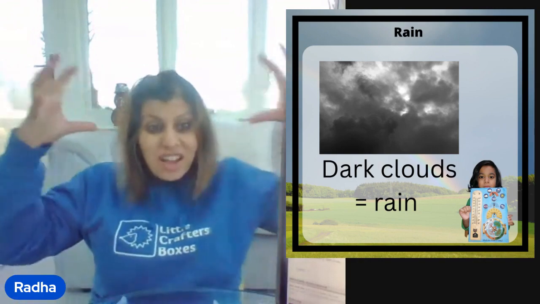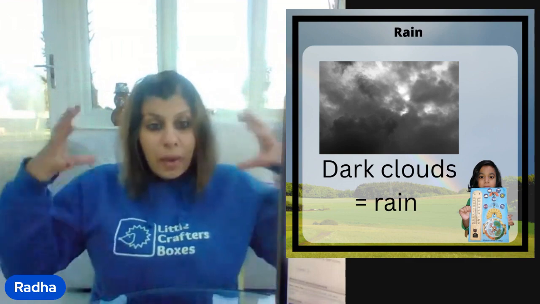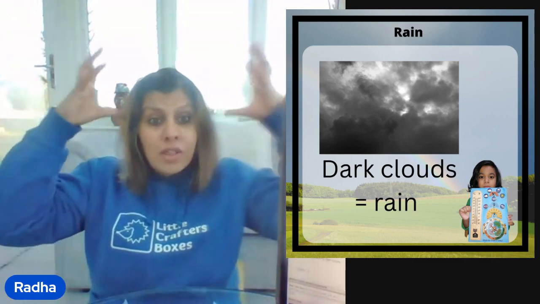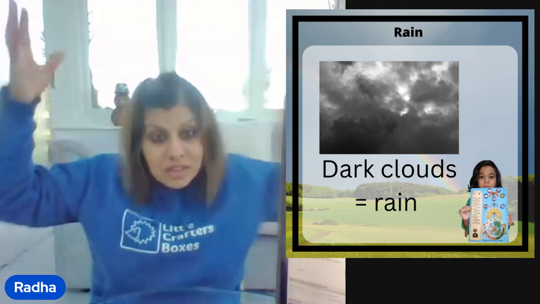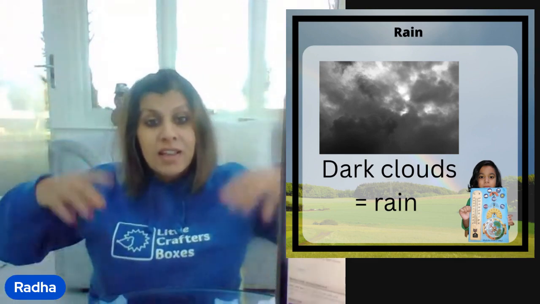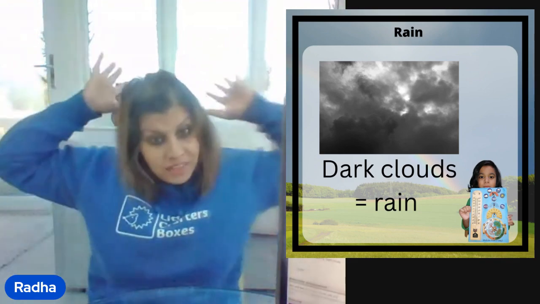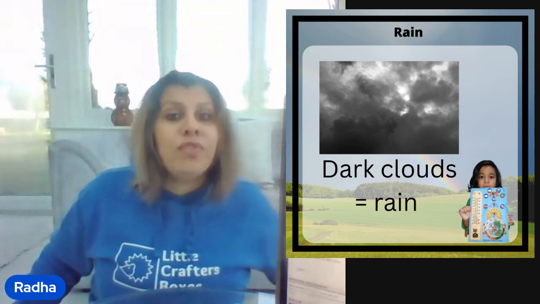So the darker the clouds get, that means they're super duper heavy. And when they get really heavy, they can't hold all the water inside them anymore, and so the water has to come down. So they get darker and darker, super duper heavy, and then they release their water and it all falls down back to earth again. And that's how rain comes down.